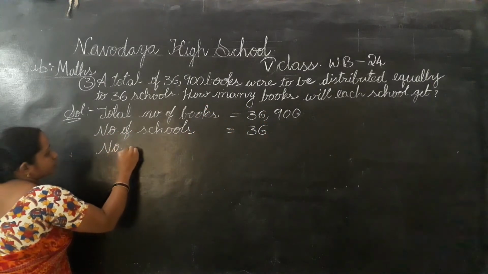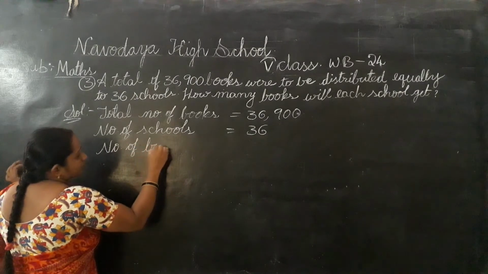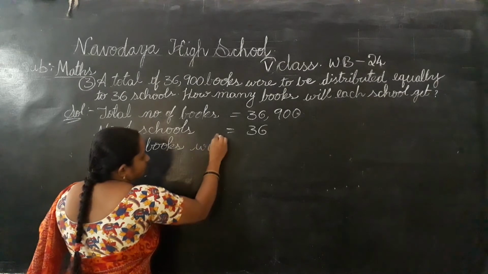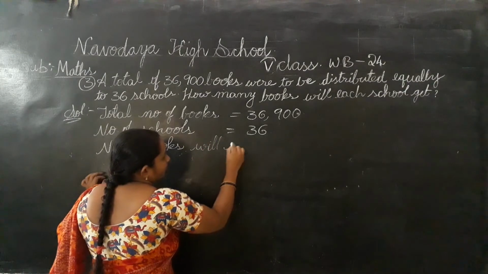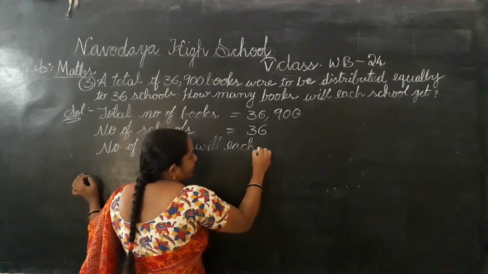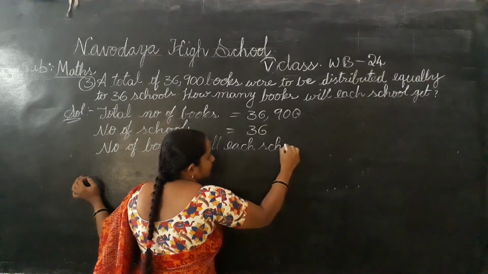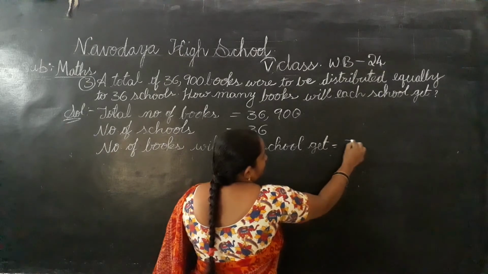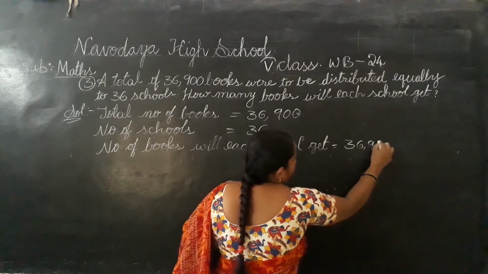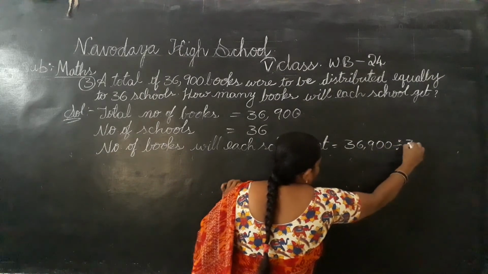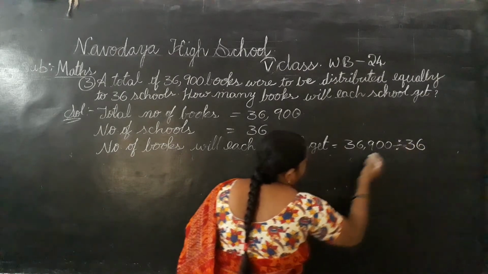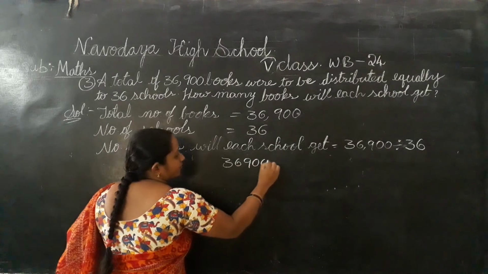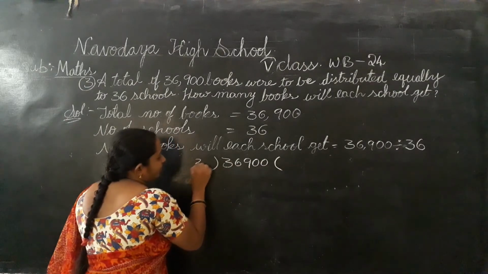Number of books each school will get. So 36,900 divided by 36. Do division. Divide with 36.